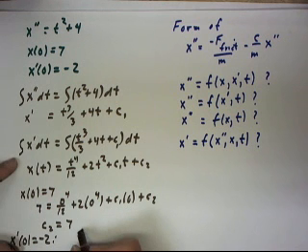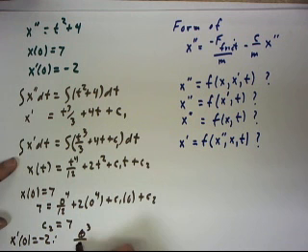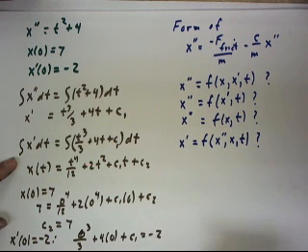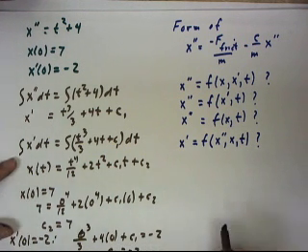Our x prime function is t cubed over 3 plus 4t plus c1. Well, that's going to be 0 cubed over 3 plus 4 times 0 plus c1 equals negative 2, so that c1 equals negative 2.